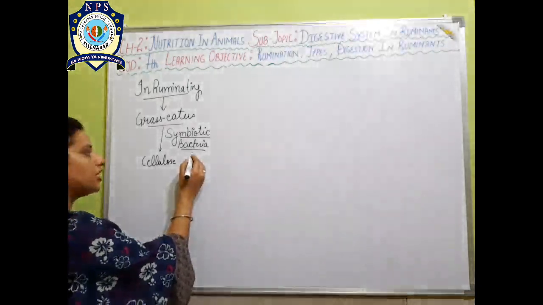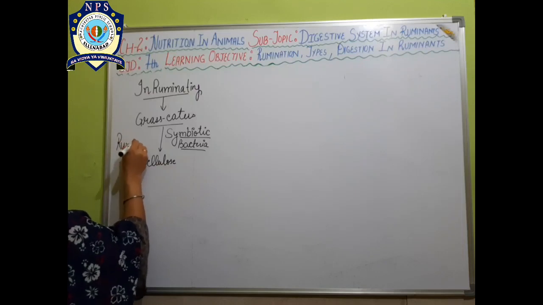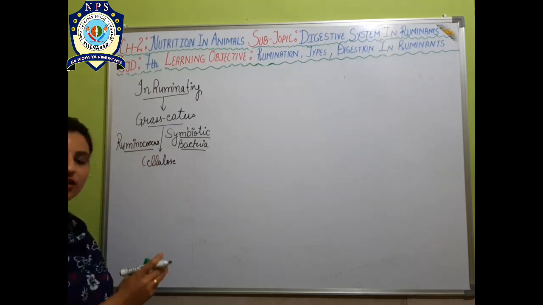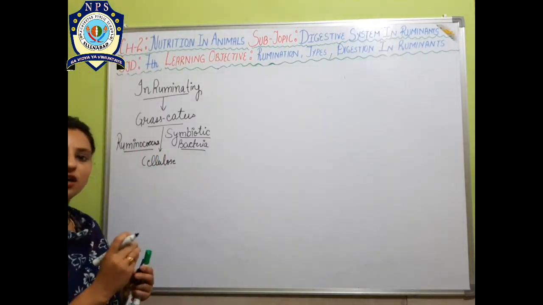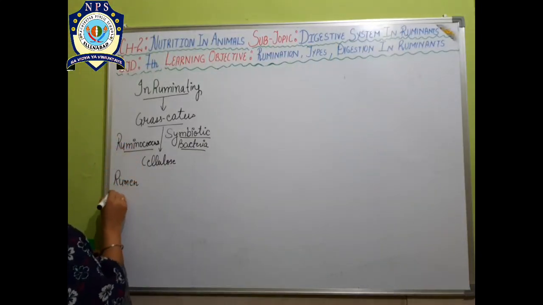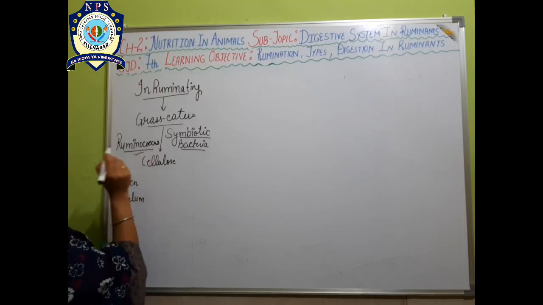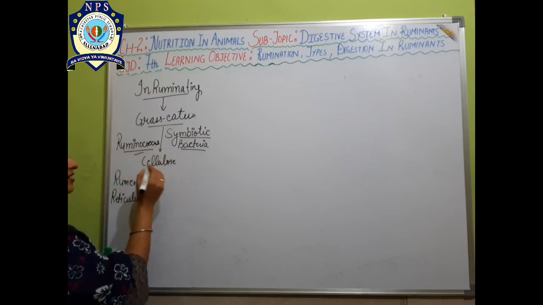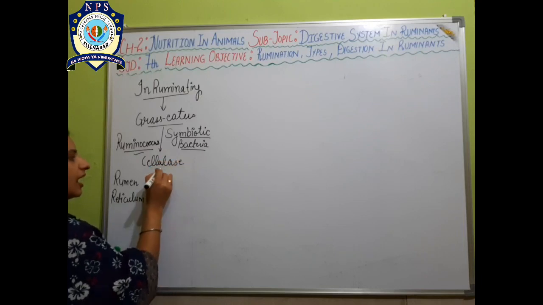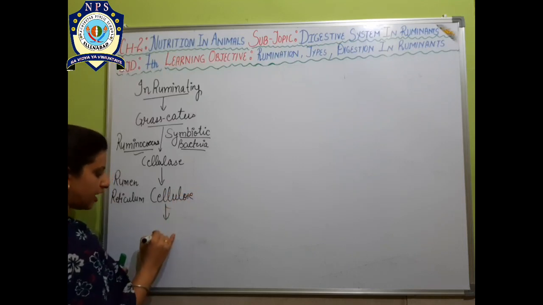Okay, so the symbiotic bacteria is called ruminococcus, because this ruminococcus is present in two special chambers of the grass eating animals, that is the rumen and reticulum. This ruminococcus, which is a symbiotic bacteria, secretes the enzyme called cellulase, and this cellulase will convert the cellulose to various types of acids.